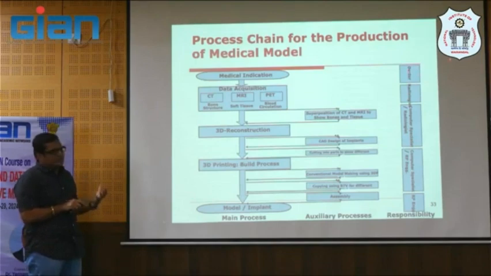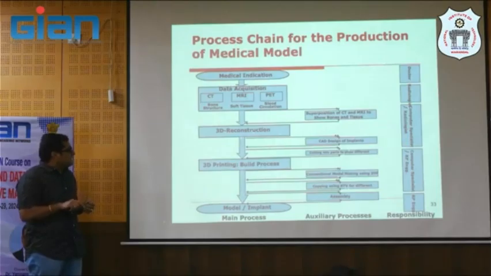The doctor gives a medical indication, and the radiologist comes into the picture, with a CT if it's a bone structure, an MRI for soft tissue, or maybe a PET for blood circulation or cancer. Right after, your computer specialist or the CAD person processes these images and does the 3D reconstruction.